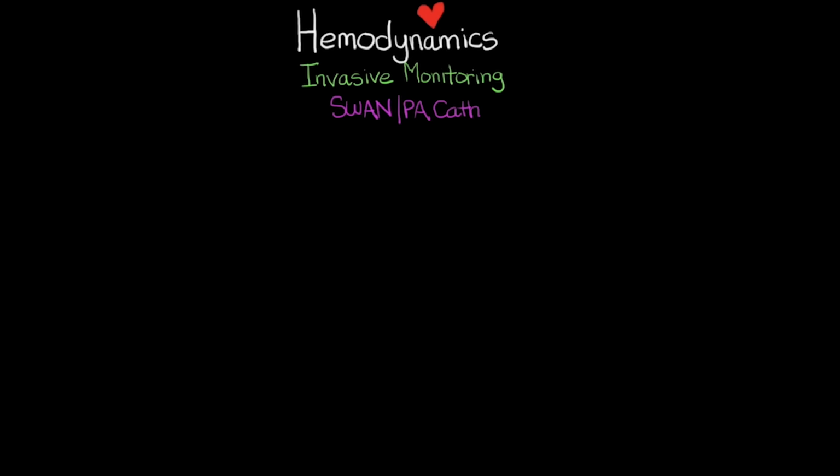So with the SWAN catheter, there's going to be 4 main values that we are able to obtain from the catheter itself. The first one is going to be our right atrial pressure, or our CVP. The next one is going to be our pulmonary artery pressure. The next one after that will be our pulmonary capillary wedge pressure.